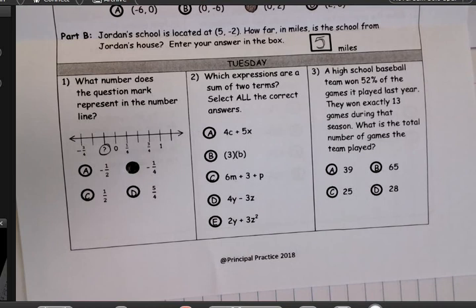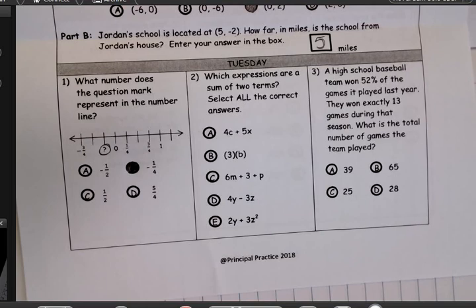What in math tells you to solve something? There's an equal sign. So which one has an equal sign? An equation. An equation has an equal sign. An equation can be solved. An expression does not have an equal sign.